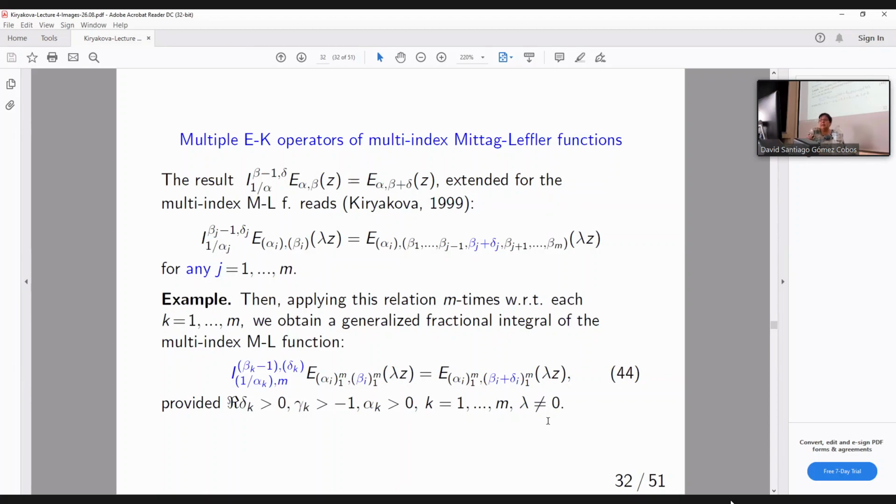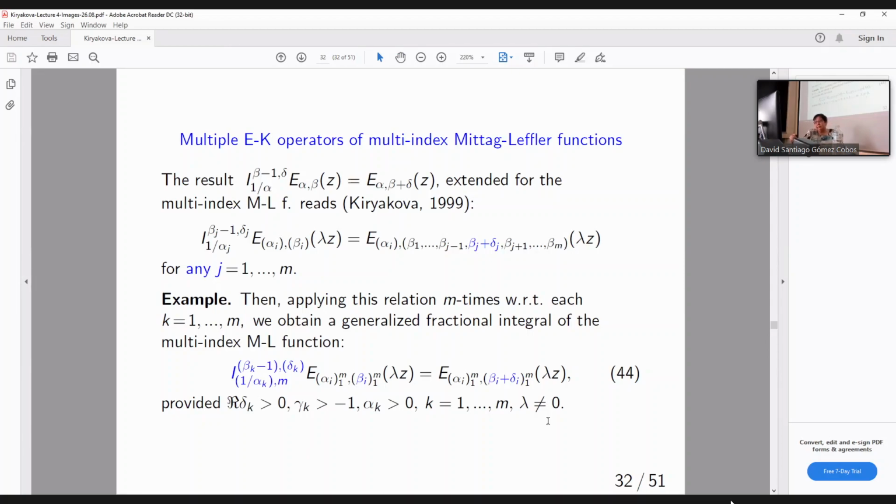I mentioned that the multi-index Mittag-Leffler functions are kind of eigenfunctions of the Gelfond-Leontiev integrals. First, we see a relation between the Erdélyi-Kober operator taken of multi-index Mittag-Leffler function. Well, in this case, the indices beta are all increased by these deltas, the components of the multi-order fractional integration.